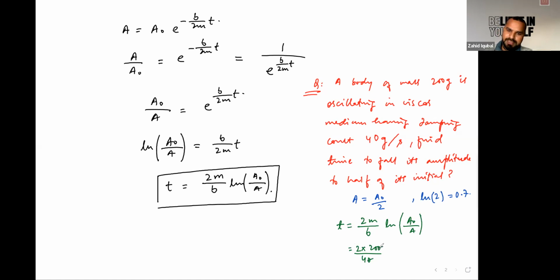So 0 and 0 will cancel out. 2 into 20, 40 divided by 4, it will be 10. ln A naught as it is, and A is A naught by 2. So you'll get 40 by 4, 10, multiplied by A naught cancel out, ln 2, and ln 2 we have 0.7. So you're left with 7 seconds. That is the time taken by this wave to fall its amplitude from A naught to A, which will be 7 seconds.